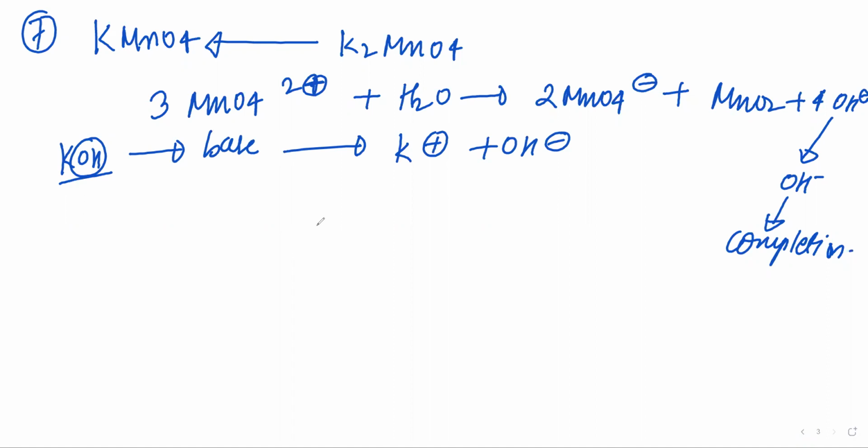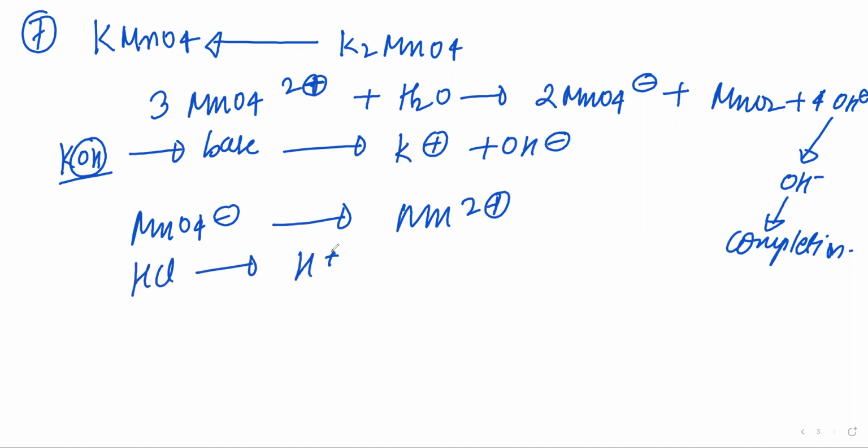So an acid can be added: if a strong acid is added to the reaction mixture, in acidic solution MnO4 minus will be reduced to Mn2 plus. Thus HCl is a strong acid, so HCl will dissociate into H plus plus Cl minus.